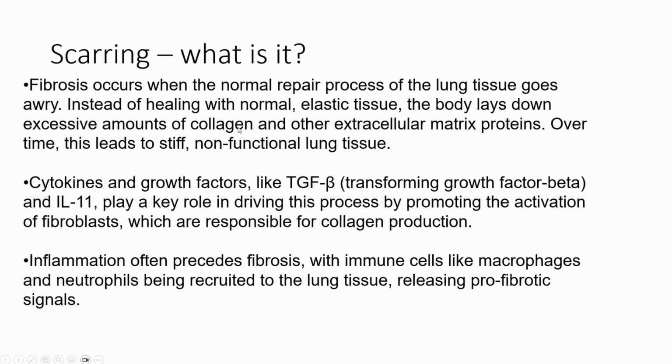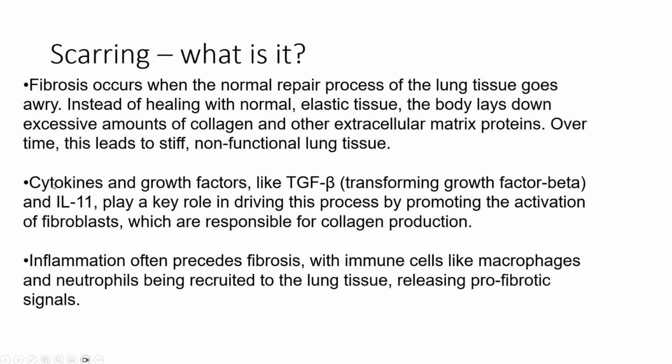This stuff is quite tough, but it's also very inflexible, and there are other proteins. Over time, this leads to stiff, non-functional lung tissue. So what should be nice, normal, elastic lung tissue becomes stiff and non-functional, which reduces lung capacity.